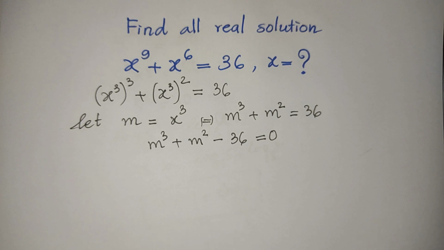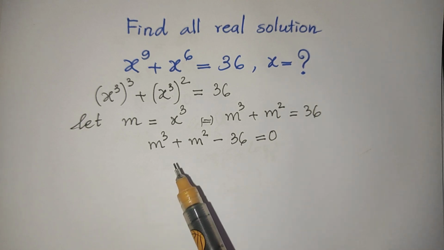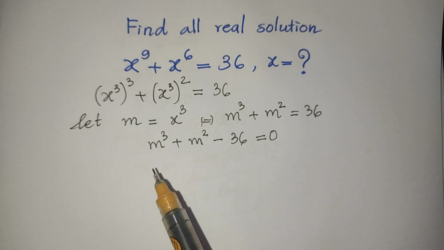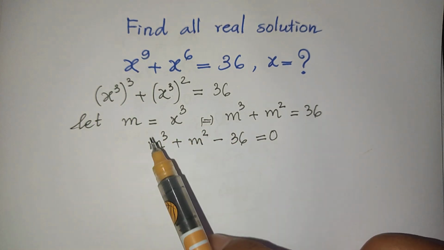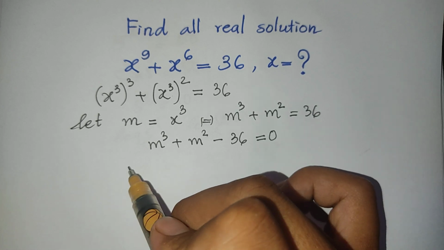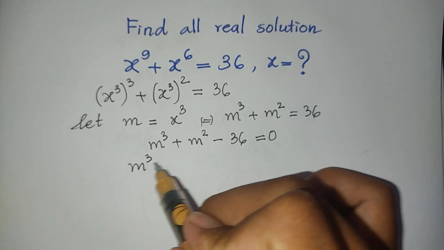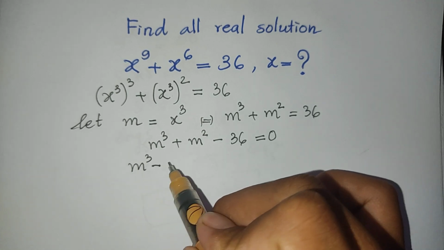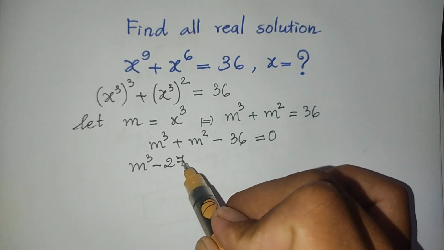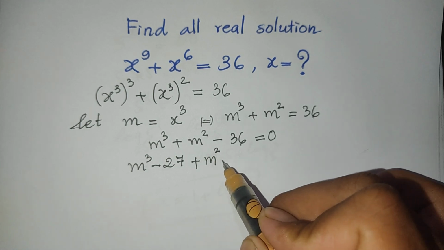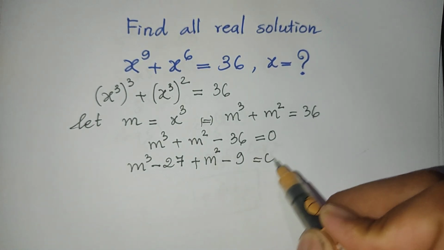Okay, now it is a cubic equation, so to solve this, we must factor it. So now I can write m power 3, and negative 36 can be written as negative 27 plus m squared minus 9 equals 0.